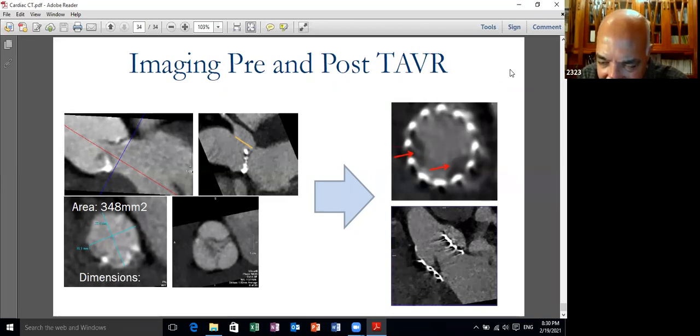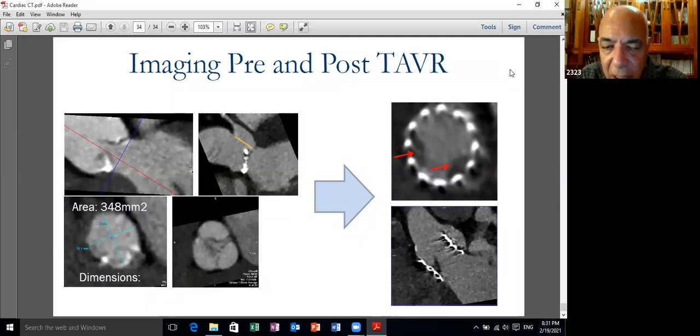Yes. Okay. Now let me explain, for the people who are completely new, what 320 or 256 means. These are the number of detectors, detector rows. So if you have a fan beam coming out of the X-ray source, and it is detected by a detector, the detectors are arranged in rows. The rows range from 16, which I think no longer exists and was at the beginning, up to 320. Each row has between 800 and 1000 detectors.